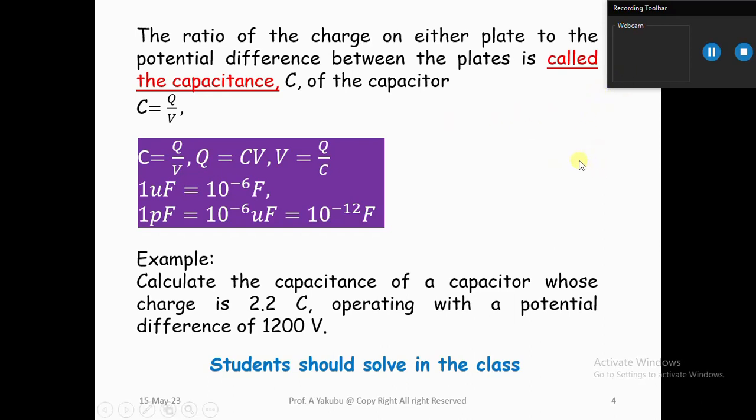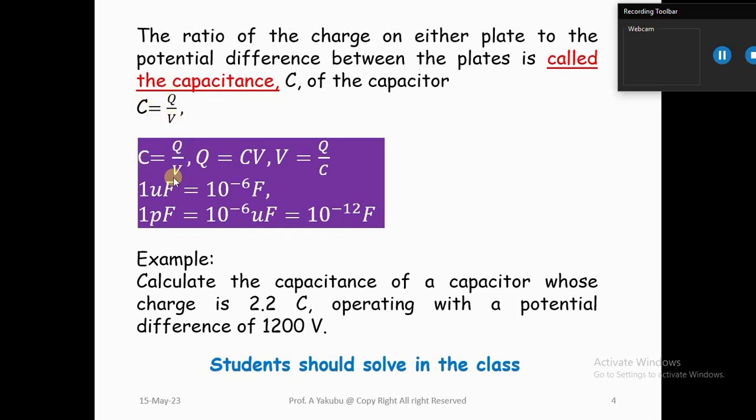The ratio of the charge on either plate to the potential difference between the plates is what we call the capacitance of the capacitor. Simply written, C, the capacitance, is equal to charge over voltage.